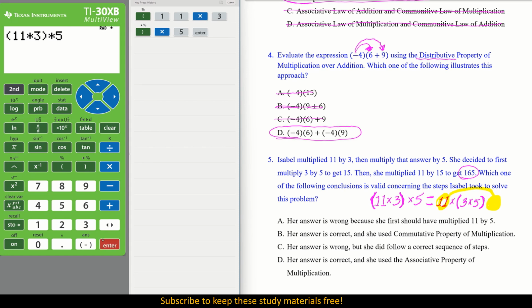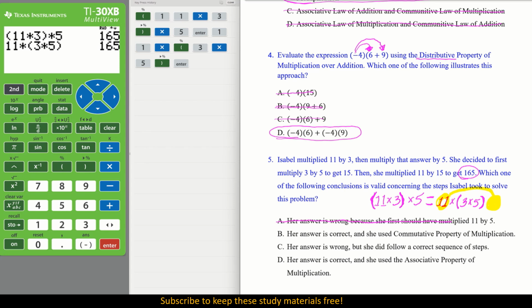Push enter, 165. Okay, but now let's do it differently. 11 times, and then your parentheses, and then 3 times the 5, close your parentheses, push enter, 165. Therefore, the answer is correct. So Isabel did her work correctly. So the two options A and C are marked out.